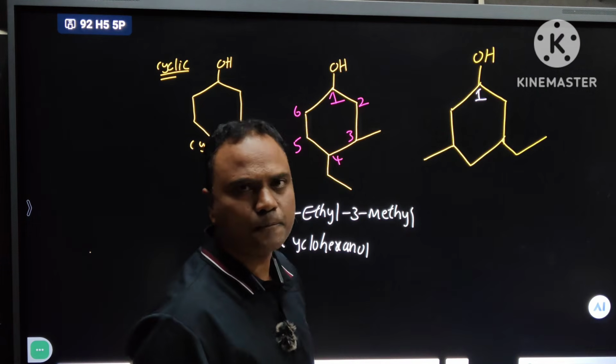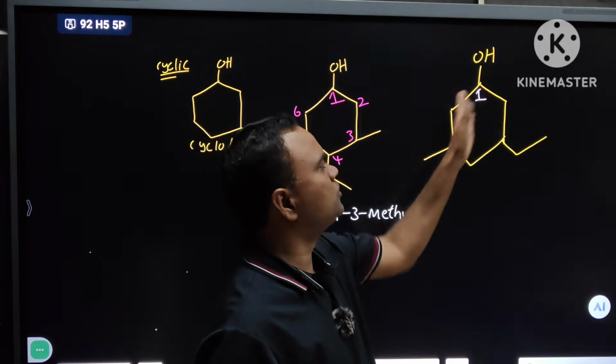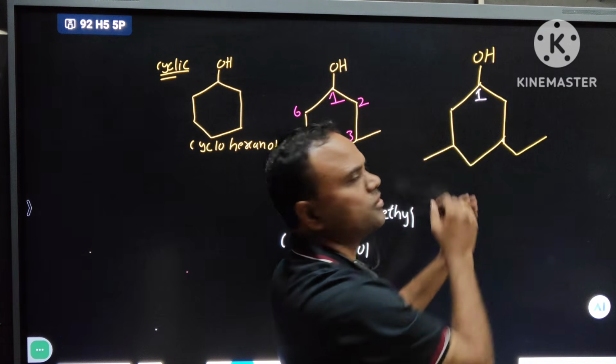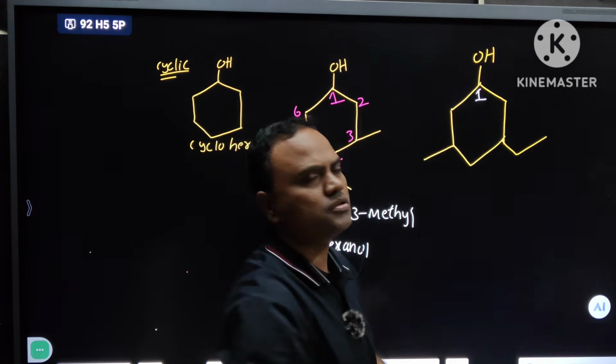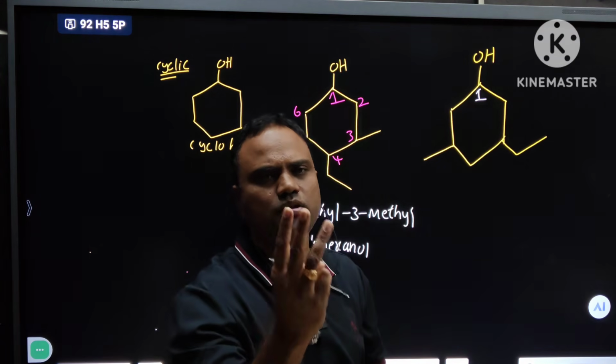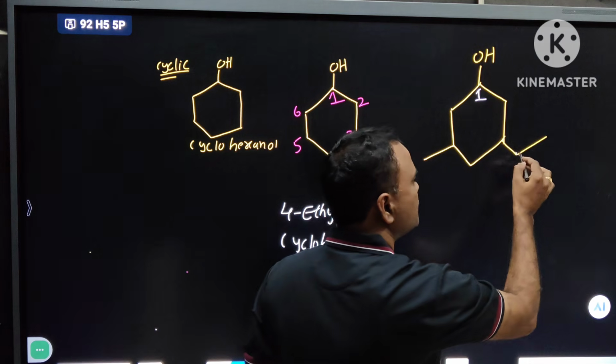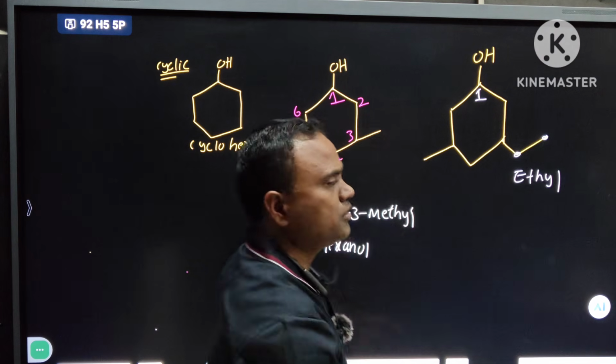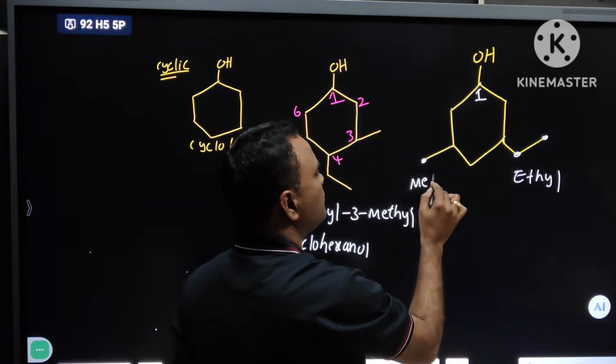We can go in two different directions, right? 1, 2, 3. In both directions, the substituted carbon is getting 3 only. But what is its name? Ethyl. Its name is one carbon only there, methyl.